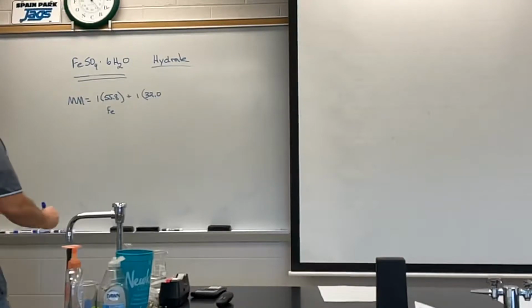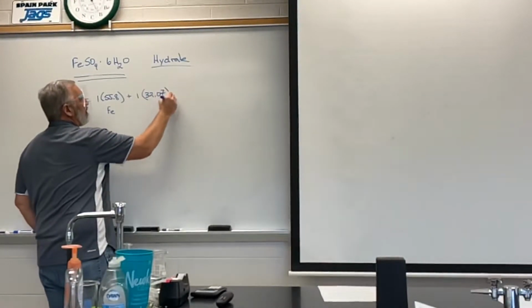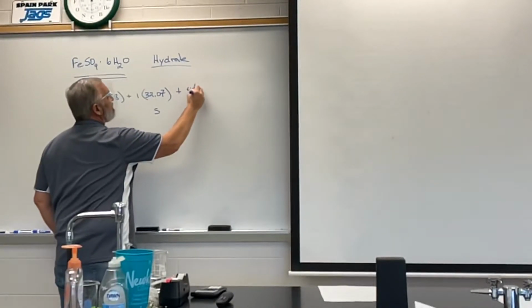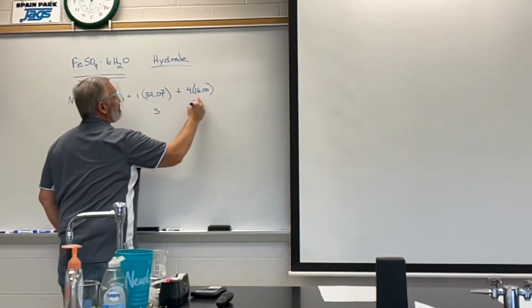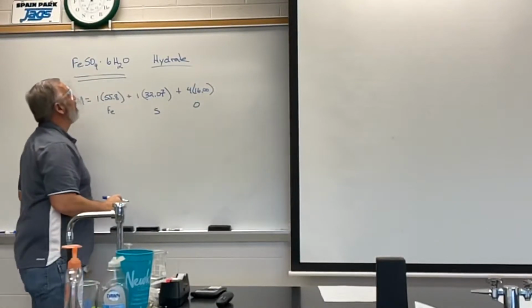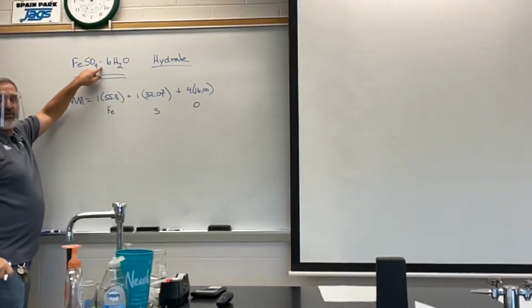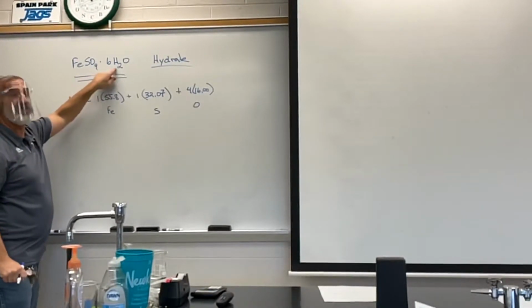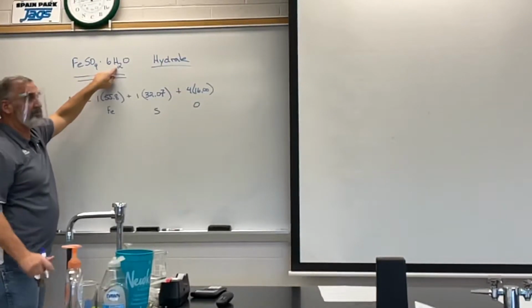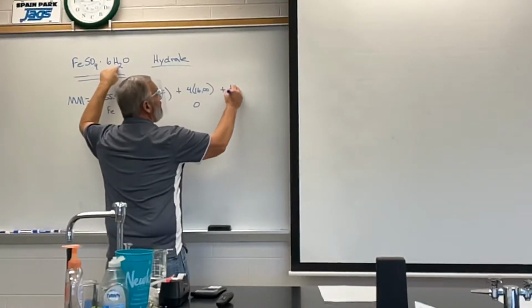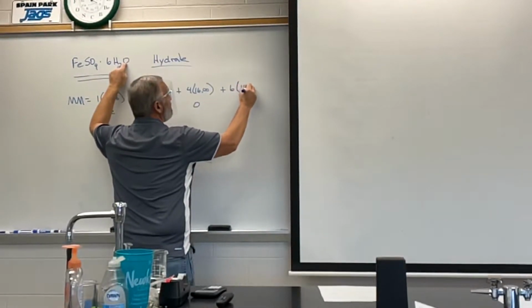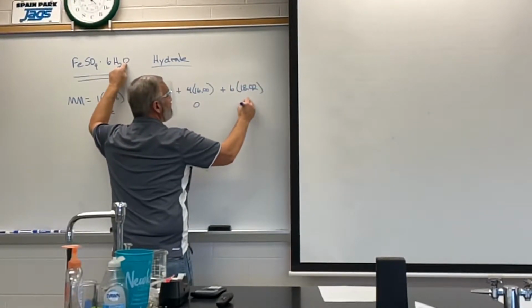Yes, that's your sulfur, plus 4 times 16.0, which is the oxygen. But then, I know in math the dot means times. This is just going to mean there are 6 water molecules, so we're going to go plus 6 water molecules. And each water molecule is 2 plus 16, which is 18.02. This is the H2O.